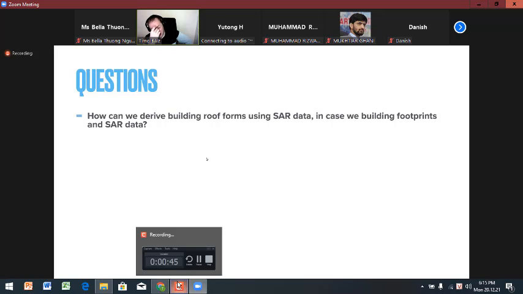Now, if you have high resolution data and only a single SAR image, you could try to analyze the layover, the shadow, the form of them to derive some information about the building. You may be able, under good circumstances, to reconstruct the roof from there even, if you have a limited set of roof forms that you're looking for.